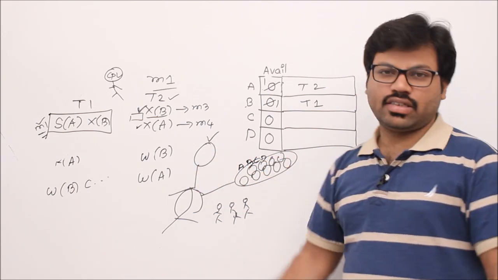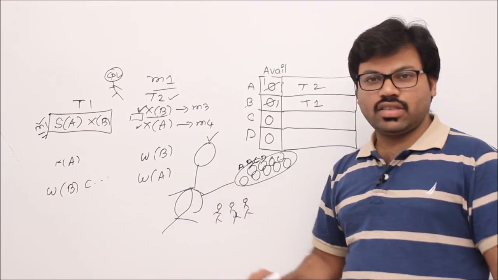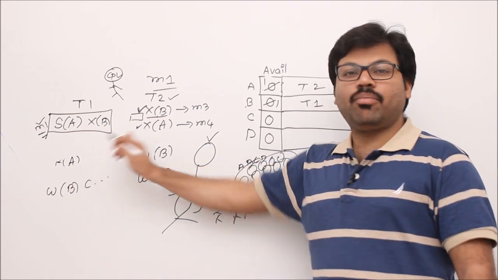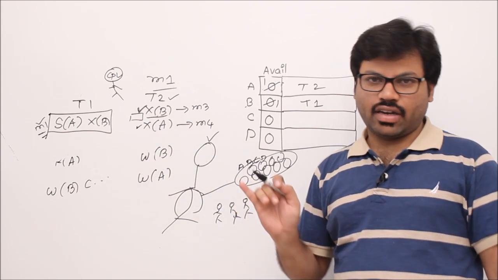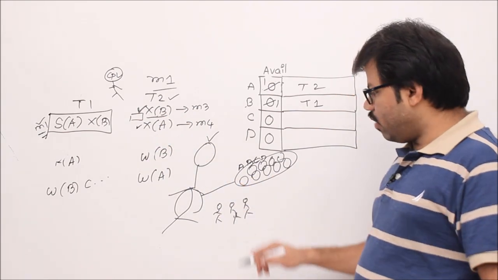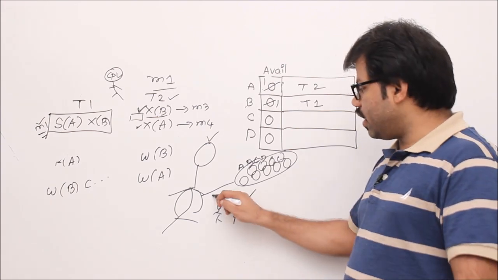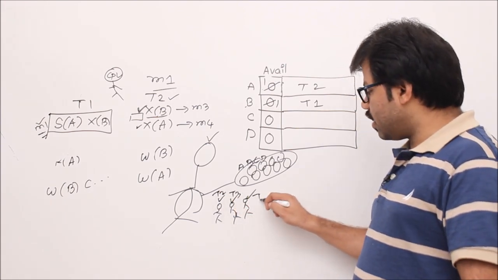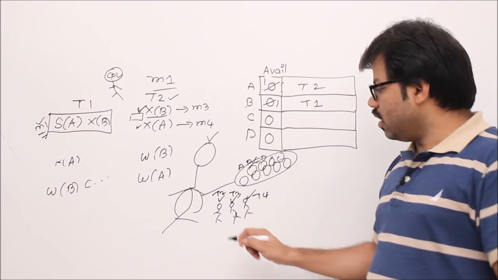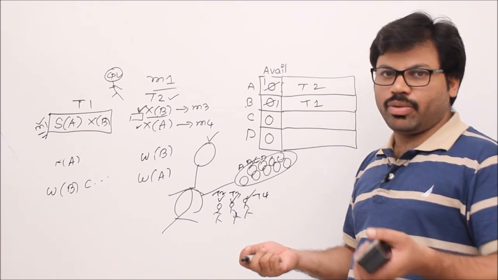It is not going to release them unless it completes its complete set of operations. So meanwhile, what can happen? Small transactions might come like T2, T3, T4, which are very small transactions. Very small transaction means it has only one variable to be modified.